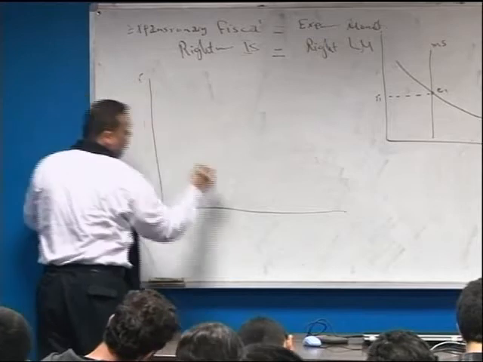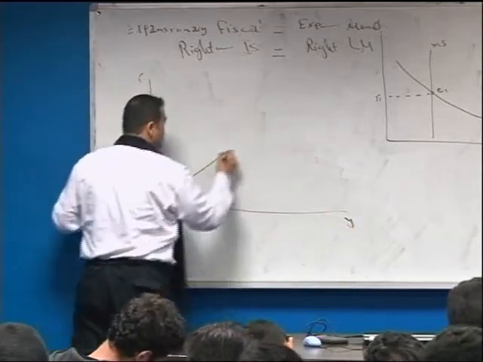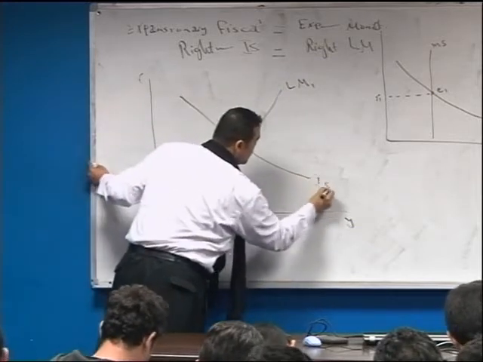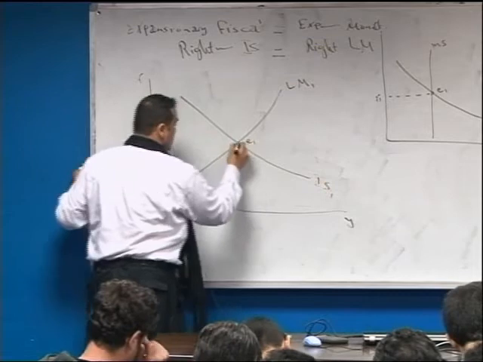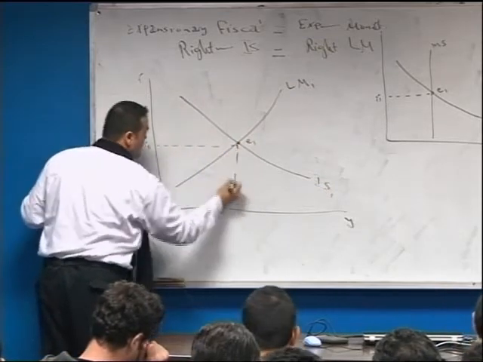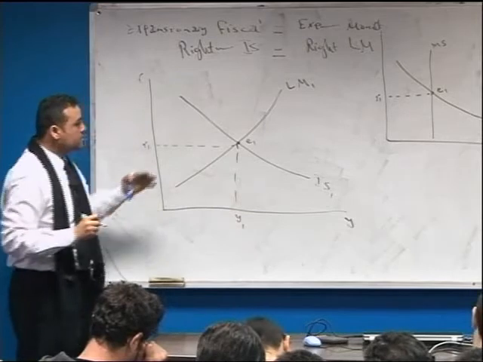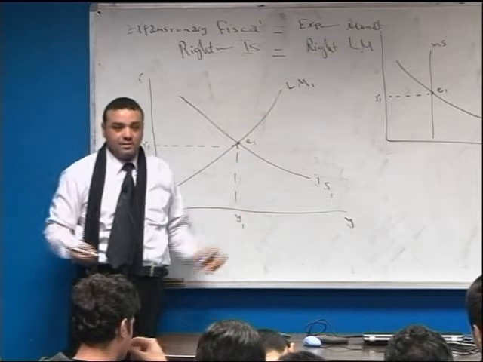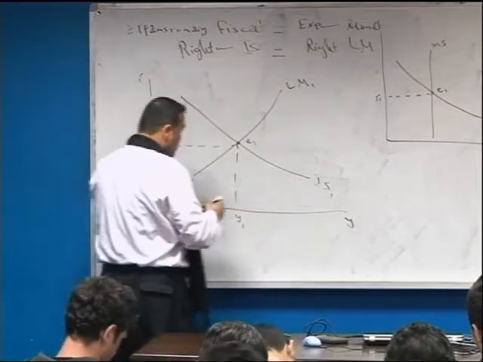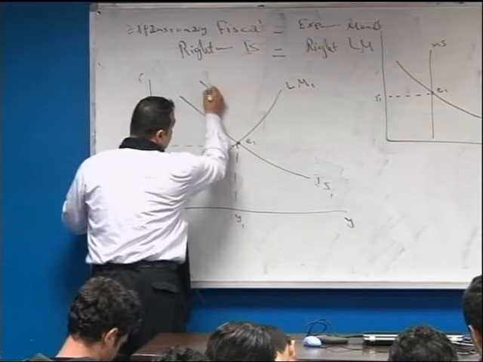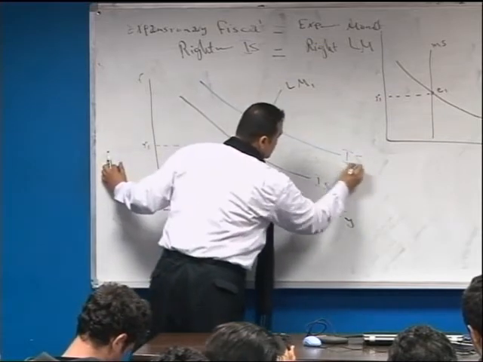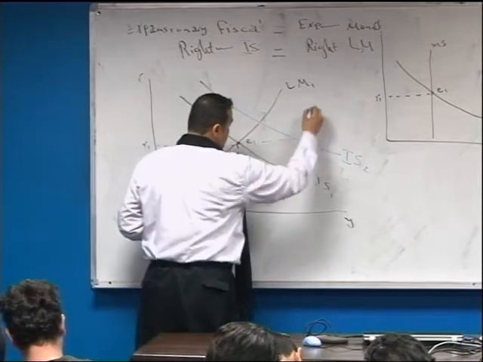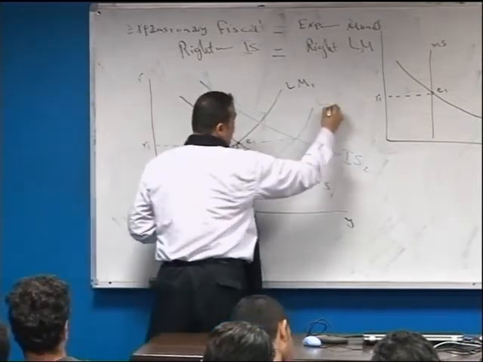R Y LM1 IS1 E1 R1 Y1. بمعنى انه rightward shifting في IS equals the rightward shifting في LM. مظبوط؟ خلينا نشوف. هاي there is a rightward shifting في IS to IS2 والLM كمان the same to LM2.